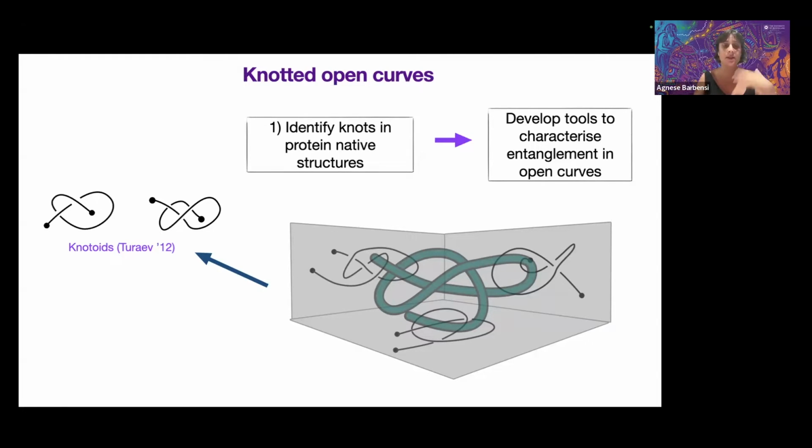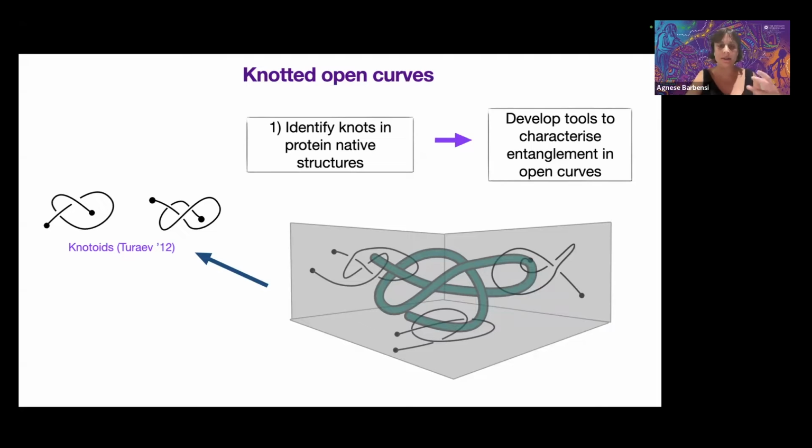Turaev introduced this concept of notoids, defined as equivalence classes of planar projections of spatial open curves up to the classical Reidemeister moves and planar isotopies. And in this way, we are able to deal with open arc diagrams as their own well-defined topological objects.